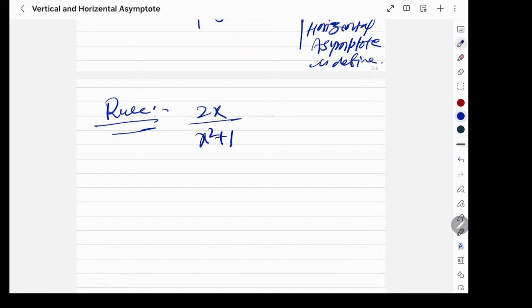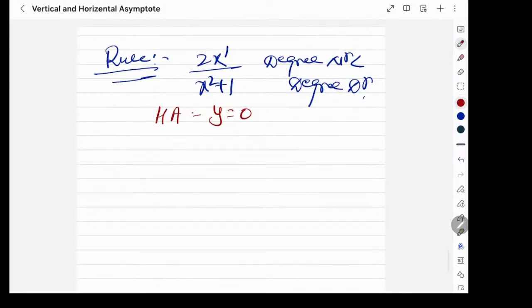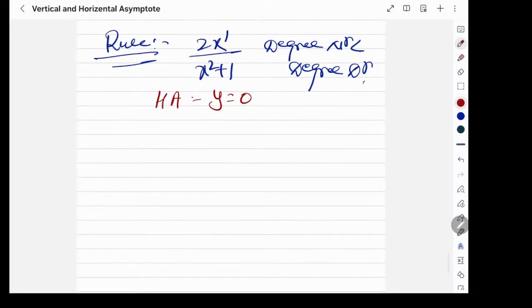The degree of the numerator is less than the degree of the denominator: here the degree is 1 and here the degree is 2. So obviously the horizontal asymptote is y equals 0. When you see a rational function and check that the degree of the numerator is less than the degree of the denominator, then the horizontal asymptote is y equals 0.